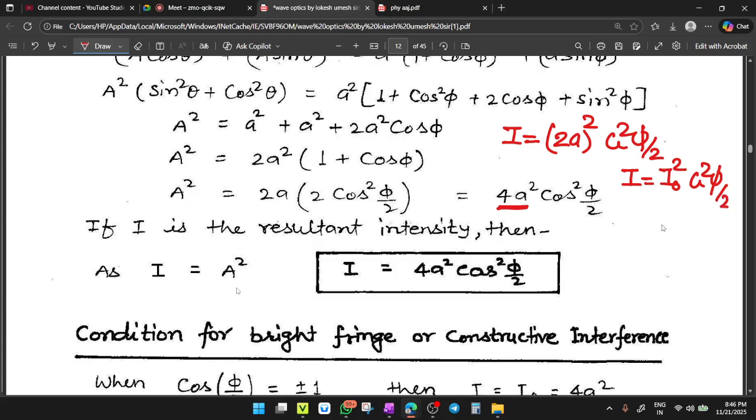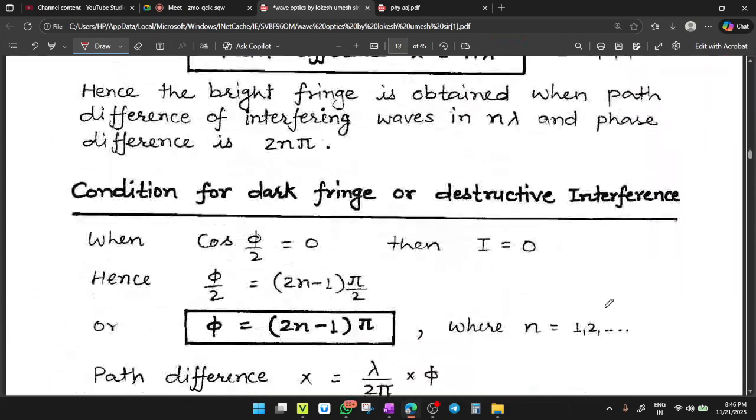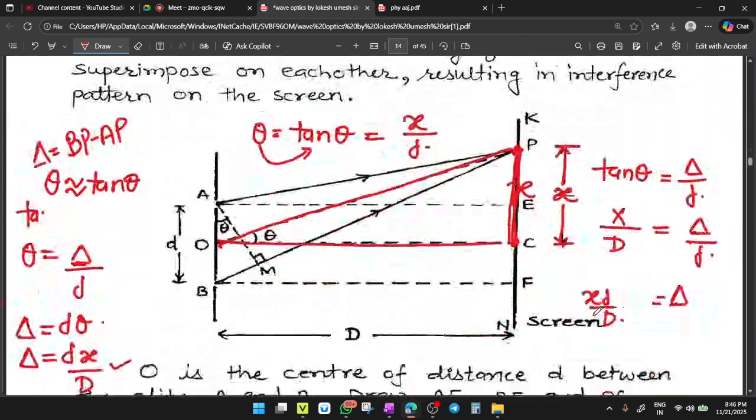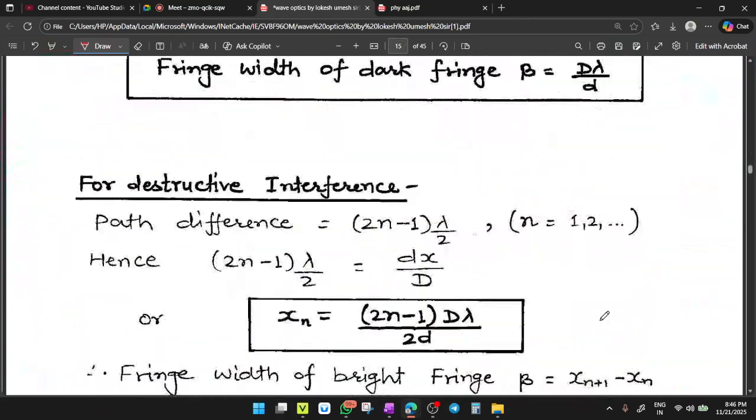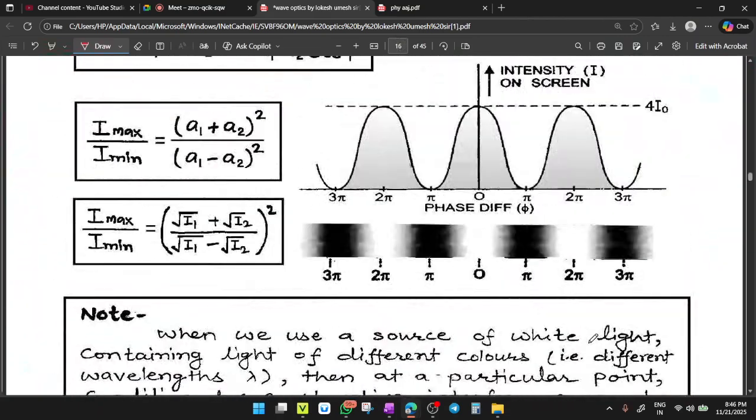So this is the formula for the resultant intensity: I equals I naught square cos square phi by 2. Clear?